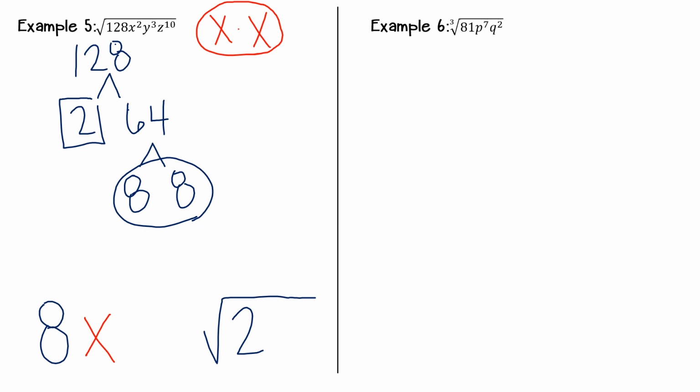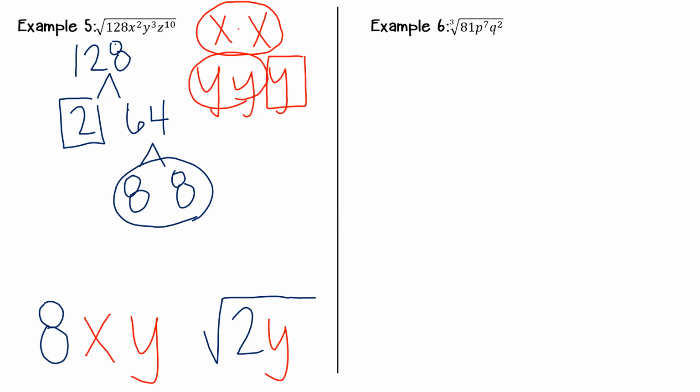And that leaves me with no singles. So underneath the radical, I would not put the variable x. Then for y, I have 3 y's. You don't necessarily have to write it out every time. If you have 3 y's, that would make one couple. So 1 y would be in front, and then you still have one single.